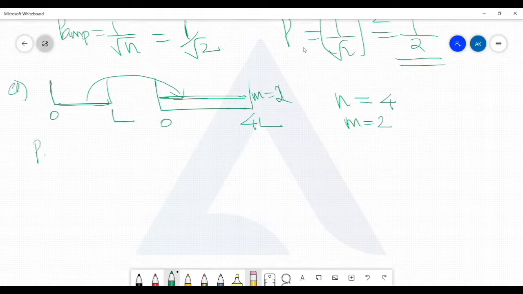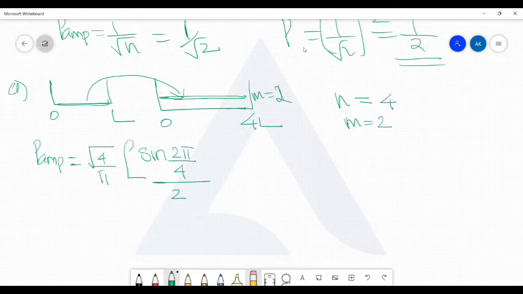Now, what is the probability amplitude? Root n by pi, that is root 4 by pi, times [sine (n minus m) pi by n, that is 2 pi by 4, divided by 2, minus sine (n plus m) pi by n, that is 6 pi by 4, divided by 6].